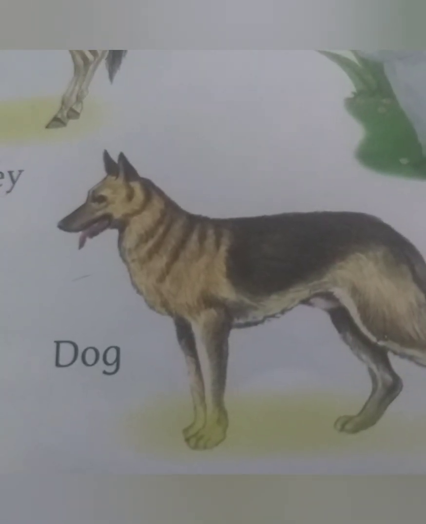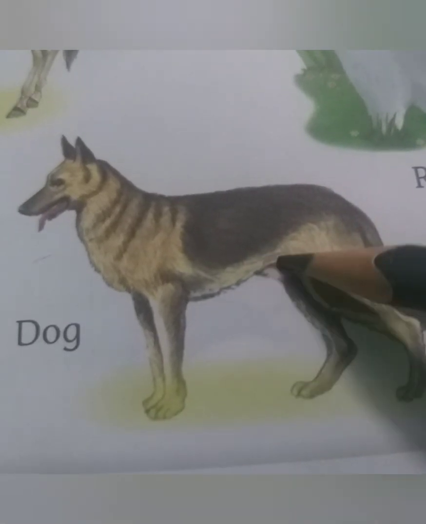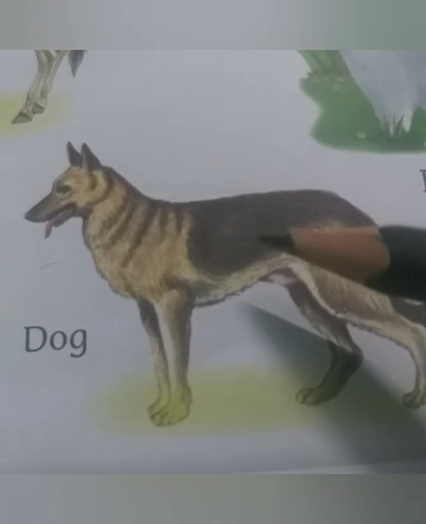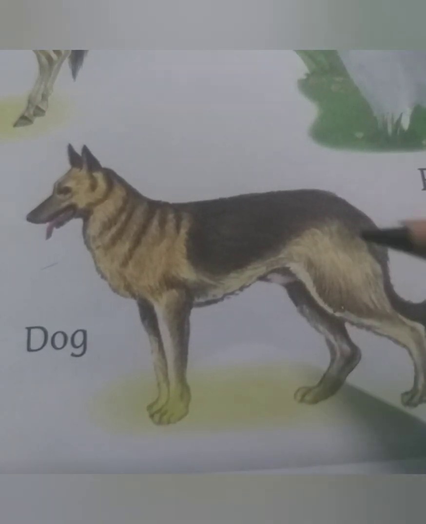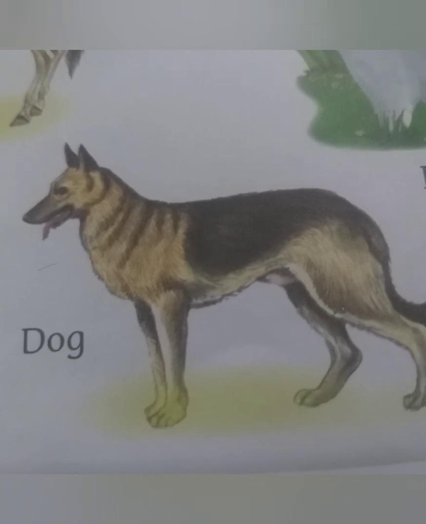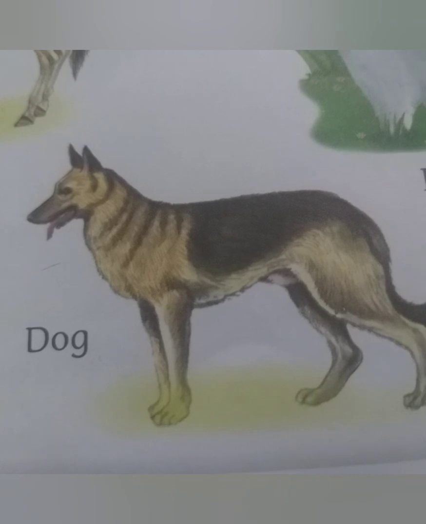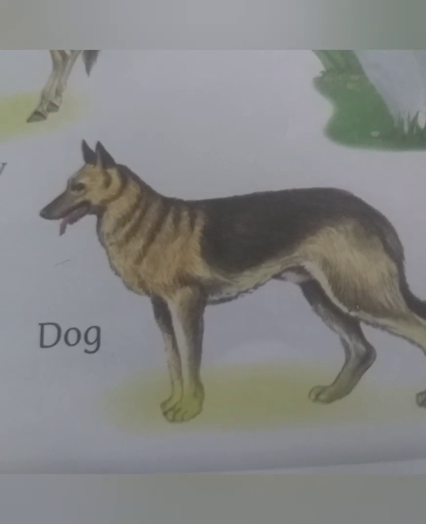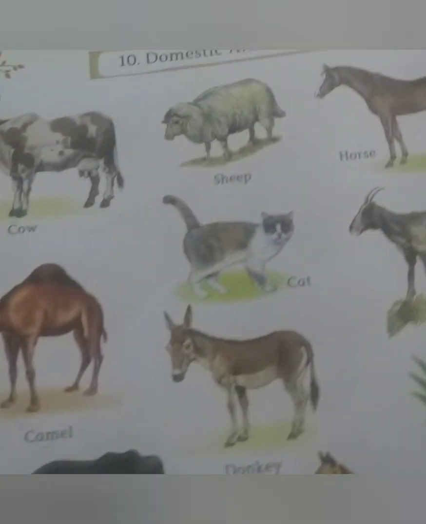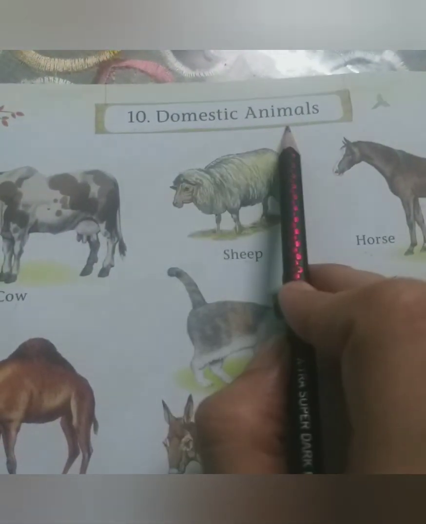Dog. And you know, dog guards our house. हमारे घर की रखवाली करता है. And this is a very loyal animal. बहुत वफादार होता है. So this is dog. We call it kutta in Hindi. Okay, children? So let's revise it one more time and then we will read the question answer. Chapter 10, Domestic Animals.